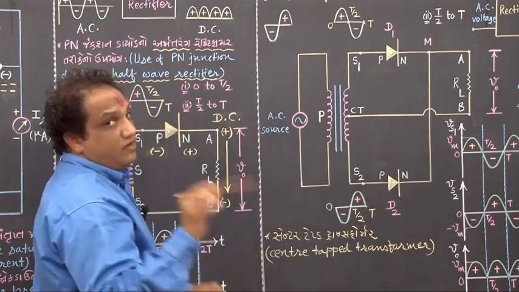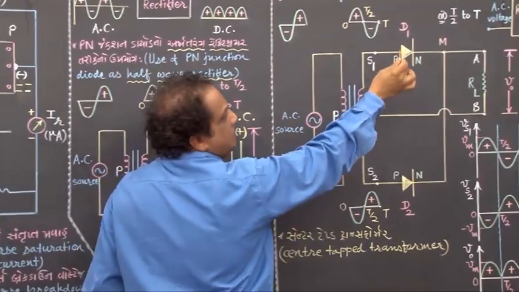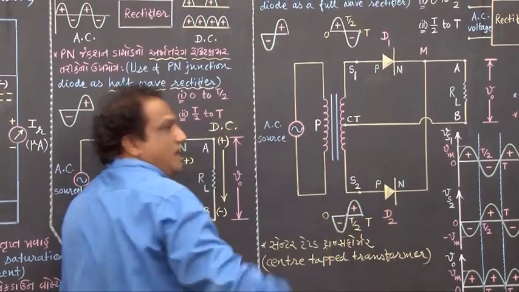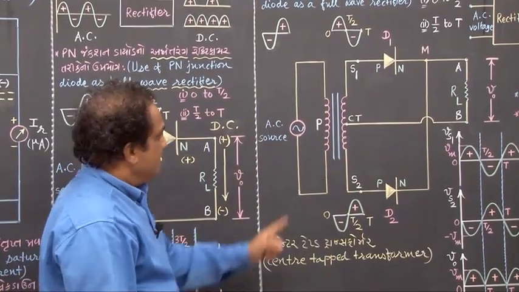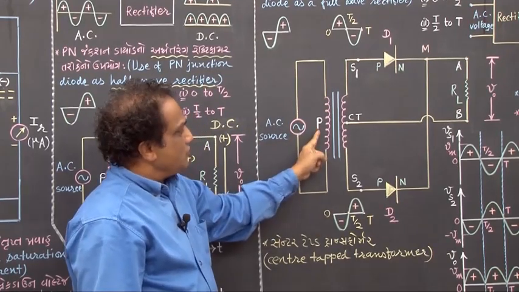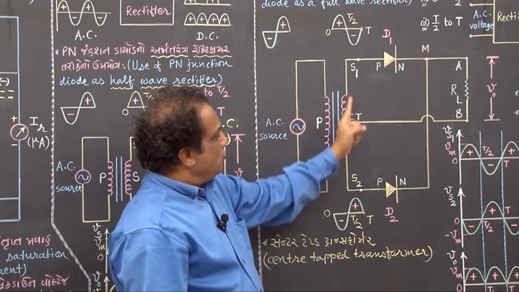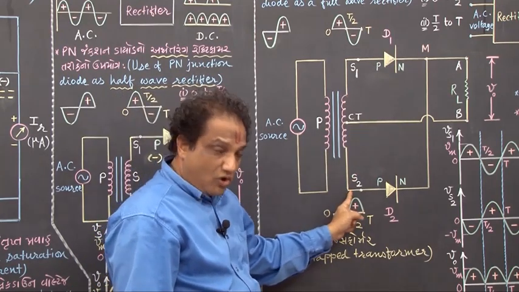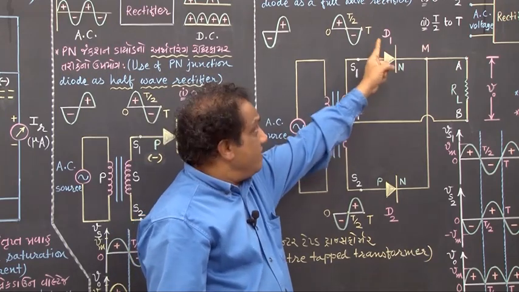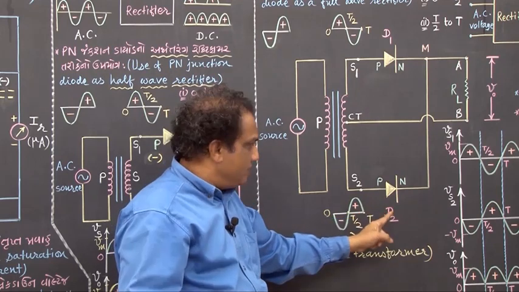Fine. And then what is one more difference? Instead of one PN junction diode, we have employed two PN junction diodes, D1 and D2. How is the connection? First of all, the AC source is connected as usual with the two ends of the primary coil of the transformer. Then across the two ends of the secondary coil, with one end we connect the anode of one PN junction diode, and with the other end we connect the anode of another PN junction diode.